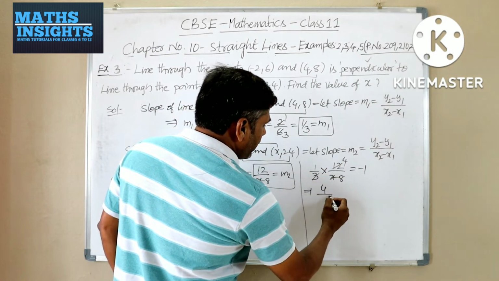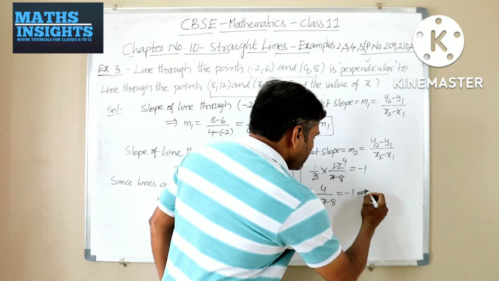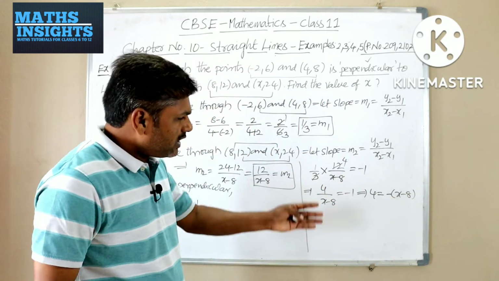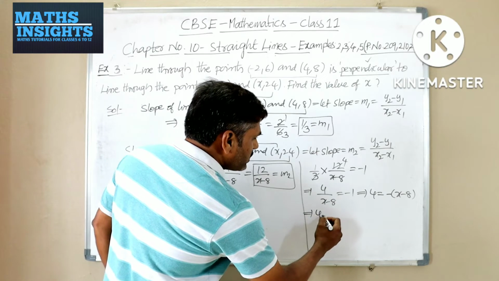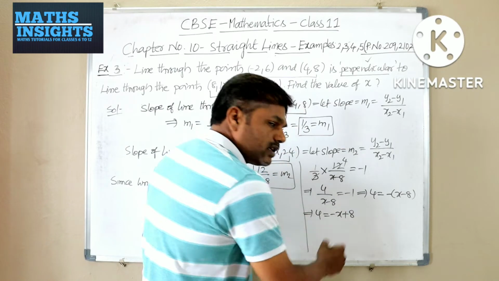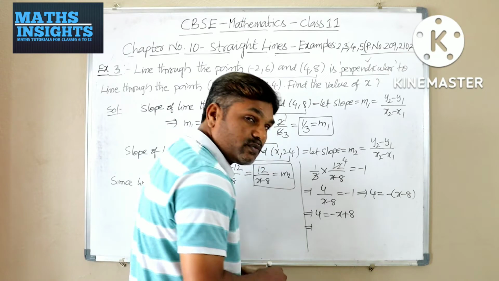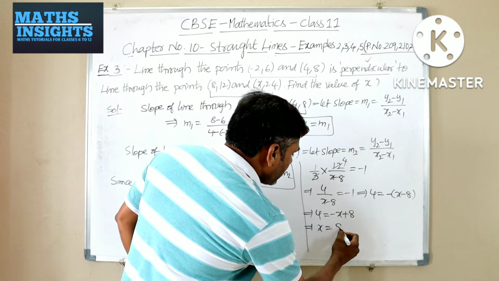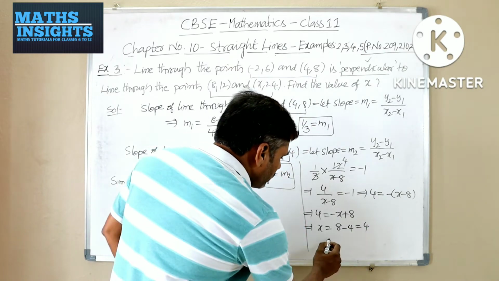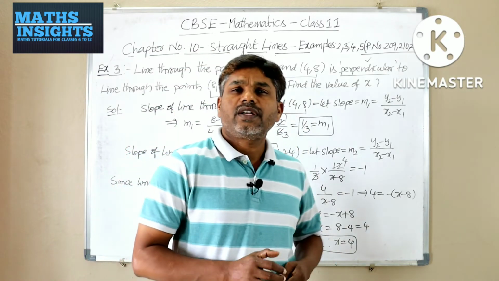That implies 4 by x minus 8 is equal to minus 1. Very simple. Doing cross multiplication, 4 is equal to minus of x minus 8. Multiply with minus, then you will get 4 is equal to minus x plus 8. Minus into minus will become plus. Taking x to this side, minus becomes plus x, that is equal to 8 minus 4, which is 4. Therefore, the value of x is 4 by using the concept of slopes.